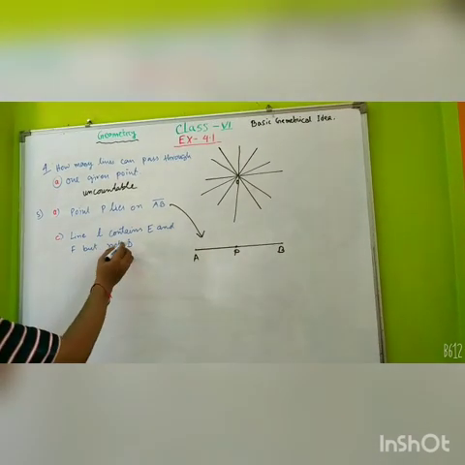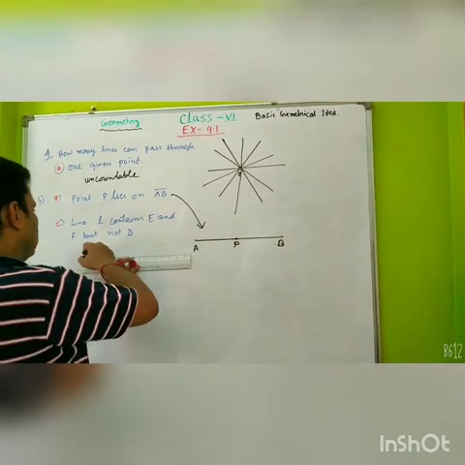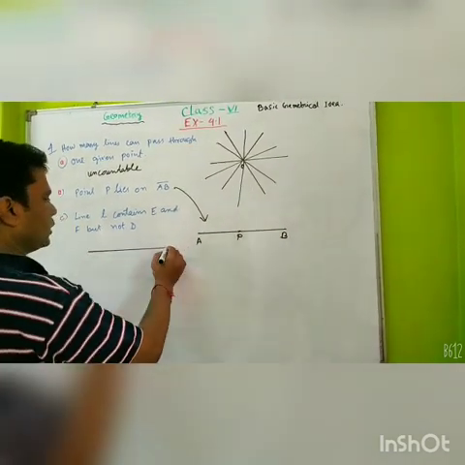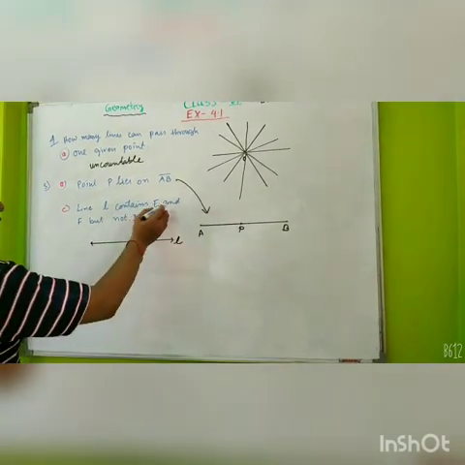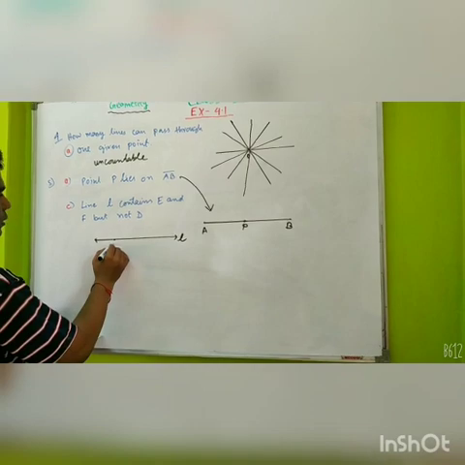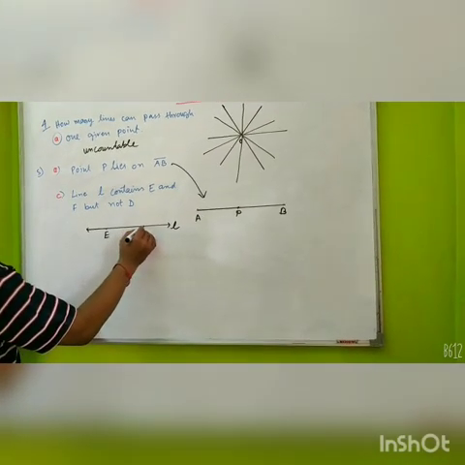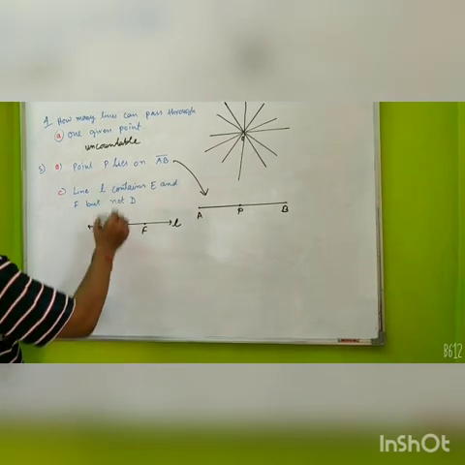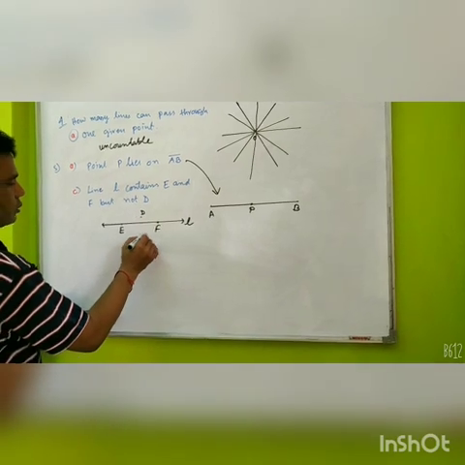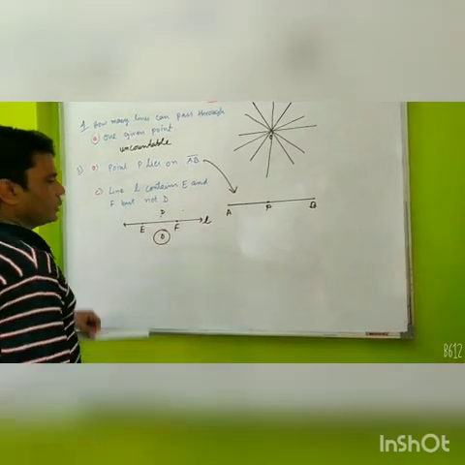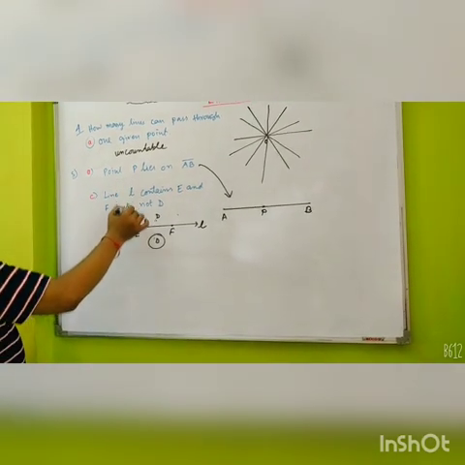Now line L contains E and F. Suppose another line; the name of this line is L. L contains E and F, that means E and F lie on the line, not D. So D will be either here or here, anyone. You can write it. Okay, so this is the drawing of these two questions.